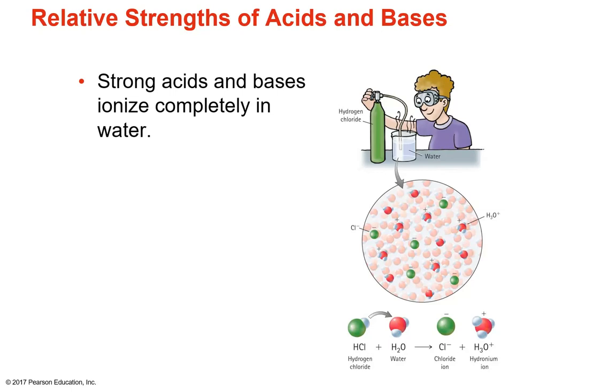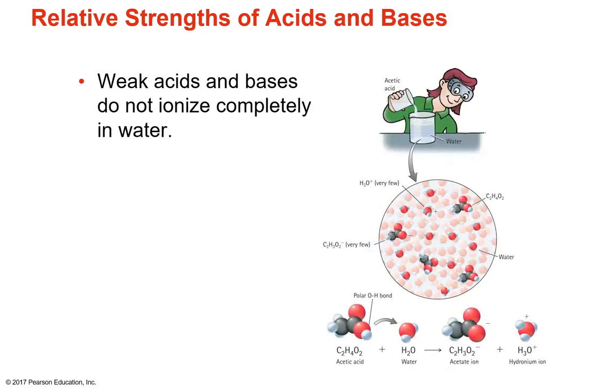Ones that aren't so strong won't completely ionize. So a weak acid, if you look in this picture, you have some that are ionized and some that aren't. So actually, that was hydronium. That was the wrong thing. There is not ionized and there is ionized for the acetic acid. Question?